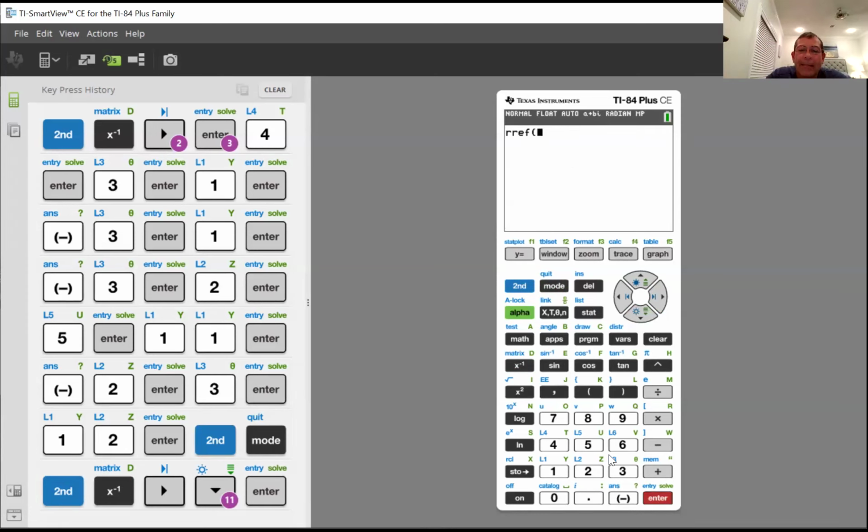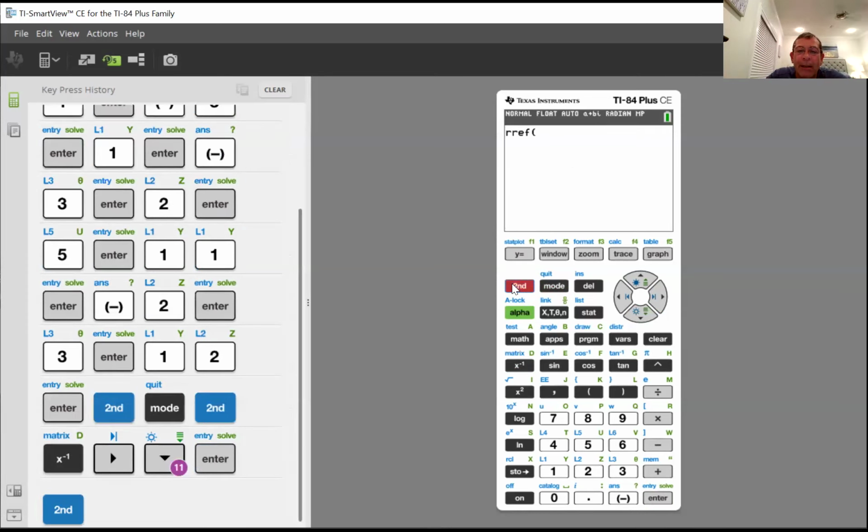Now, second x -1 again, but this time I'm just going to hit enter to grab my matrix out, my 3 by 4. It brings it all on the screen, and let's hit enter. We're looking for a 1, -2, -1. Perfect, because look, I got a 1, -2, -1.